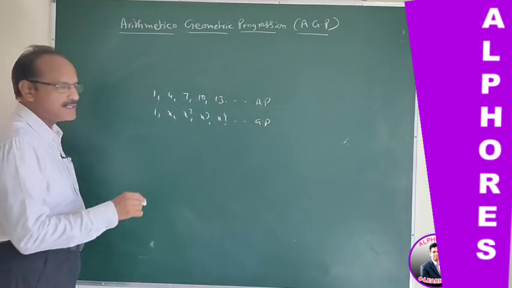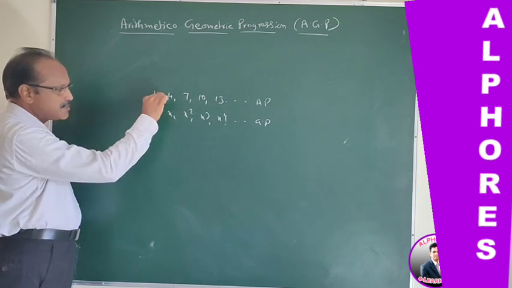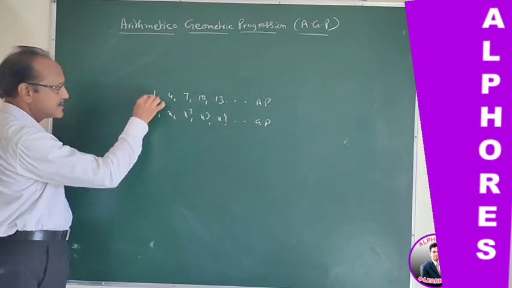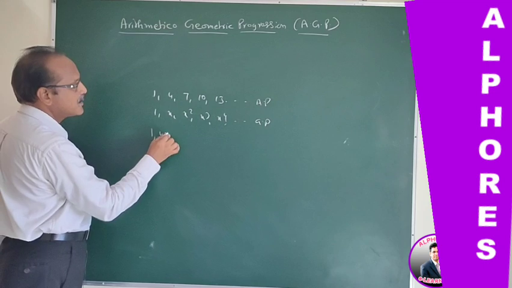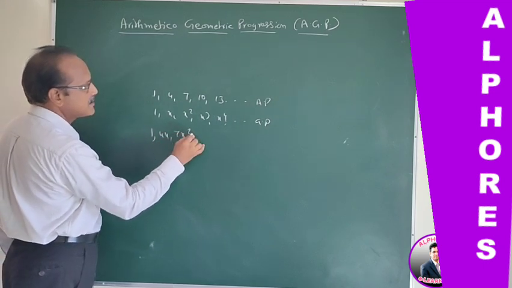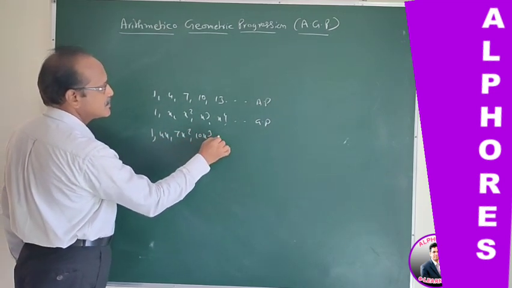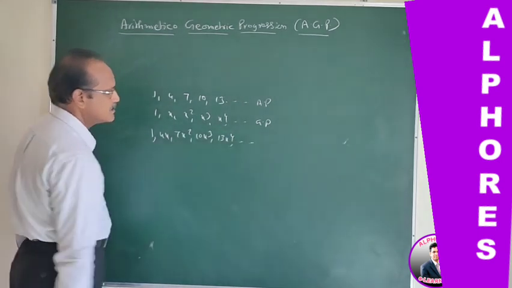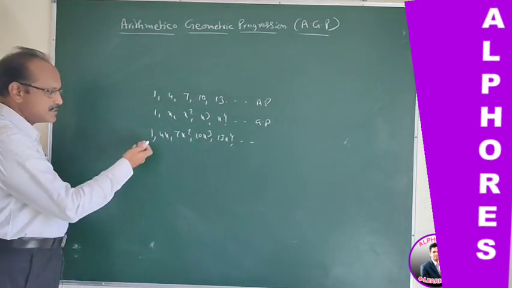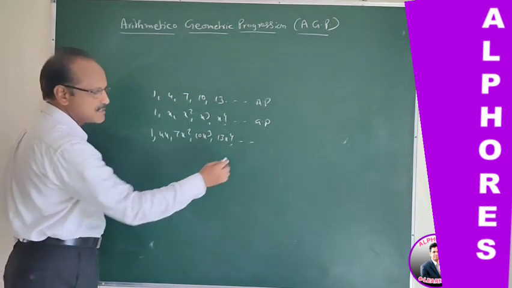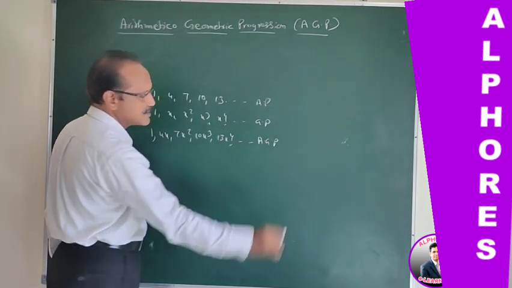If you multiply the corresponding terms of AP and GP, you will get a new series, that is 1, 4x, 7x square, 10x cube, 13x power 4, etc. As it is an AGP series, it is nothing but the AGP series.